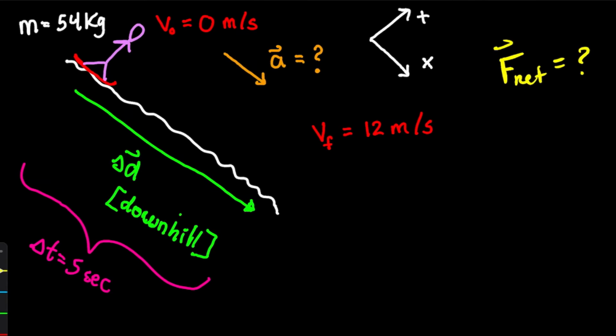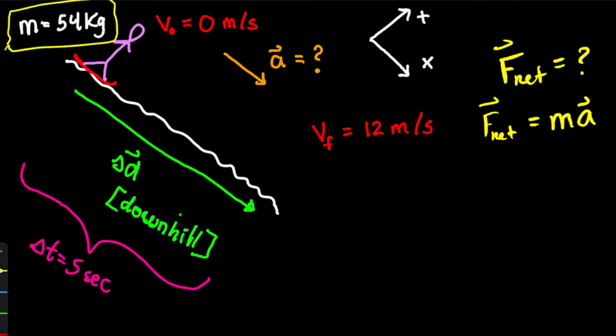But now we have a connection, because we know that the net force acting on an object is equal to the mass of that object times the acceleration of that object. Normally we've been just plugging into the formula, but we can't in this question because we only have the mass, which was 54 kilograms.